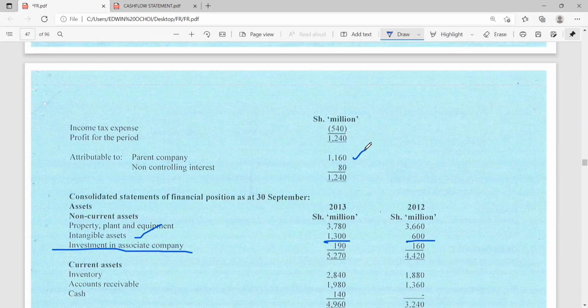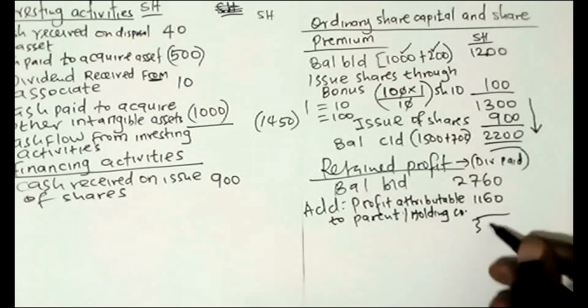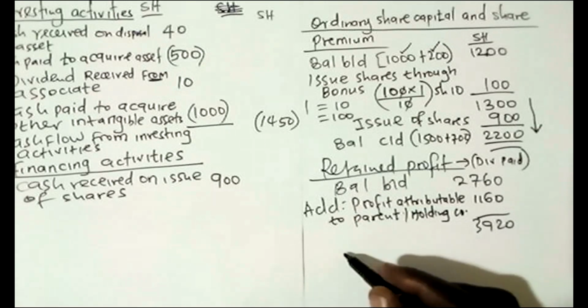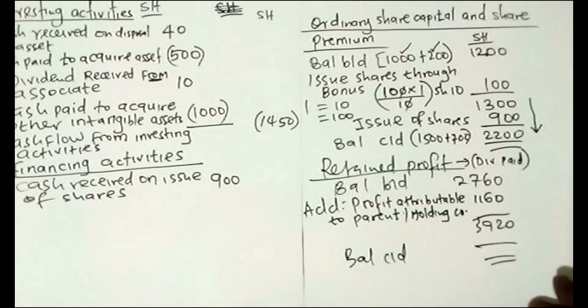So up to that point, the total retained profit so far is 2,760 plus 1,160. So that is 3,920. Compare with your balance carried down for the retained profit.